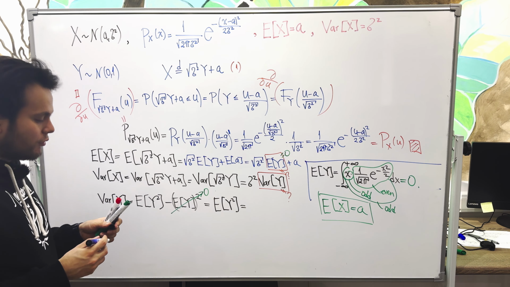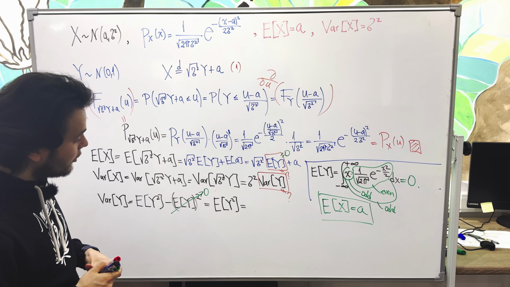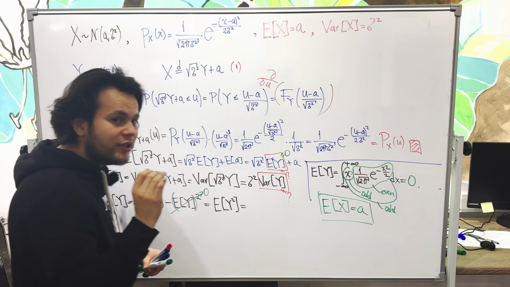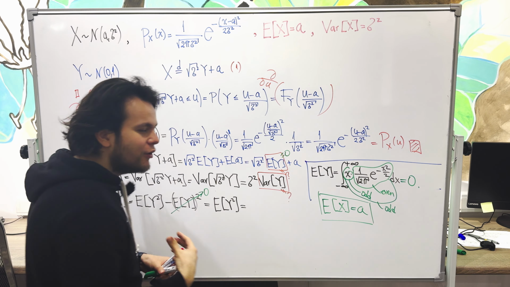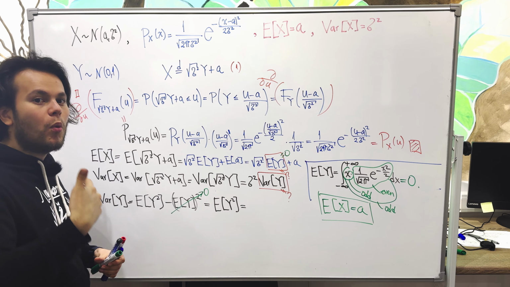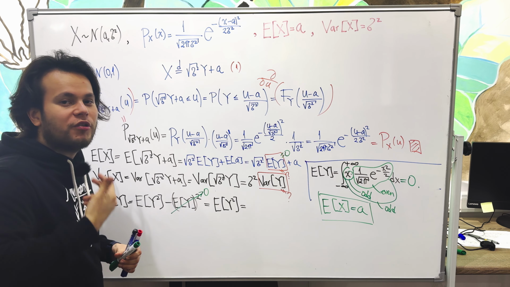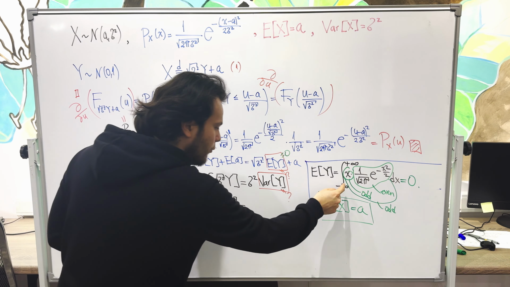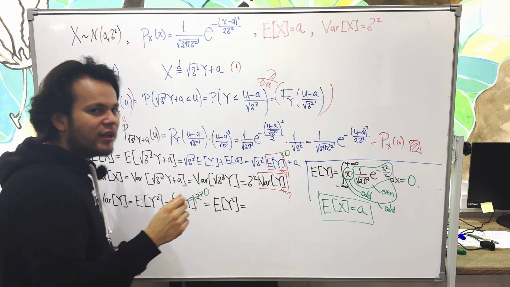Now, how do we compute the expected value of y squared? Well, this is very similar to this formula right here. The only difference is that here I had the expected value of the random variable y, and here I have the expected value of the random variable y squared. So we have a function of the random variable y, and this function is y squared. So instead of writing x over here, I need to write x squared.